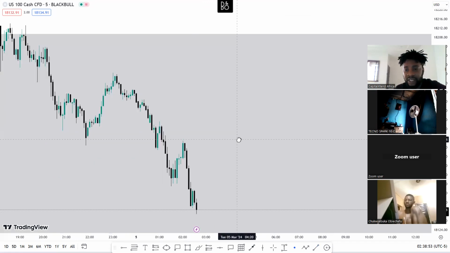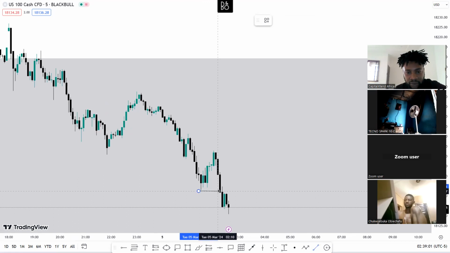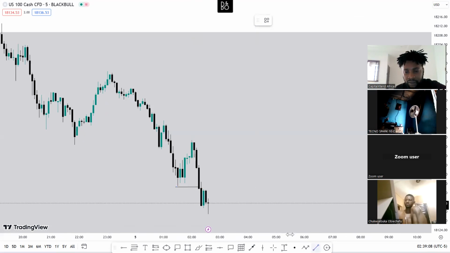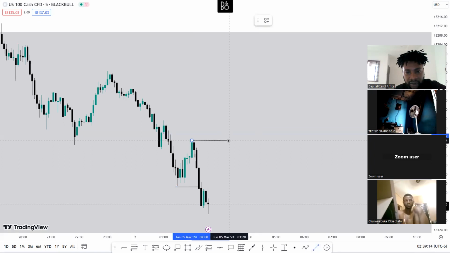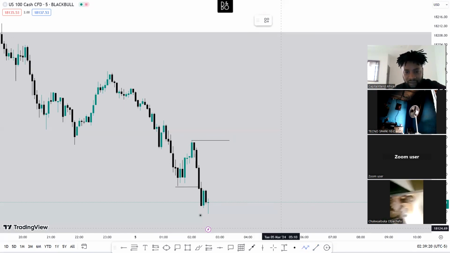Since price is trading inside our daily gap, we now have a sweep here. So let's see if price will come and close above this high. Price closing above this high will be a very, very nice movement for us.